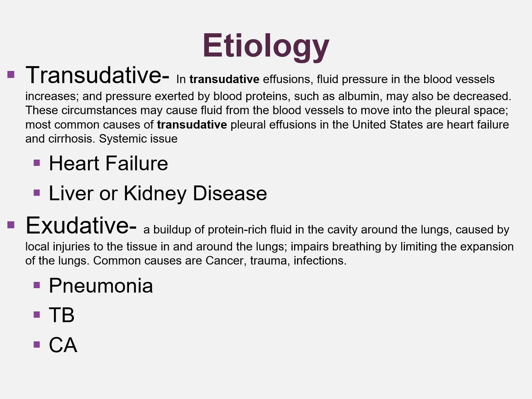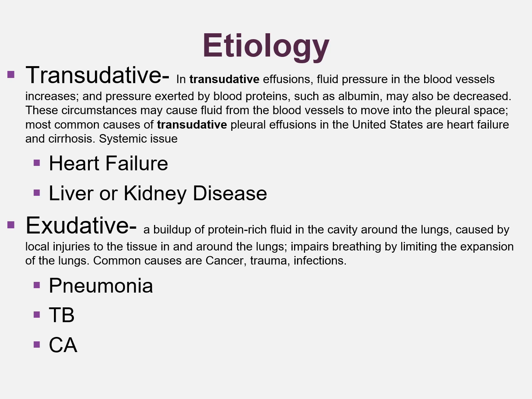There are two types of effusions that can occur. One is called a transudative, and the other is an exudative. The transudative usually occurs in heart failure or liver or kidney disease, where fluid pressure built up in the blood vessels begins to increase, and then the pressure exerted by proteins like albumin can be decreased.